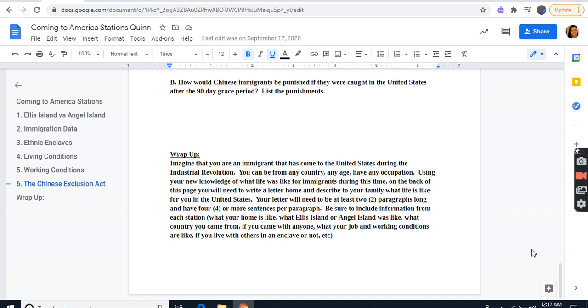Your letter will be at least 2 paragraphs long and have 4 or more sentences per paragraph. Be sure to include information from each station: what your home is like, what Ellis or Angel Island was like, what country you came from, if you came with anyone, what your job and work conditions are like, if you have others in the enclave or not, etc.